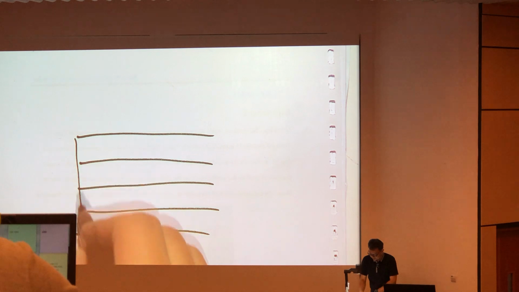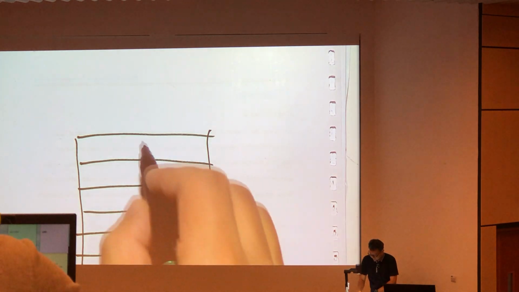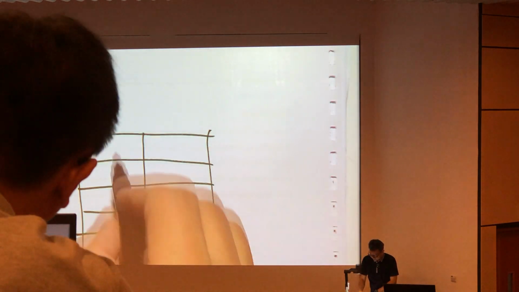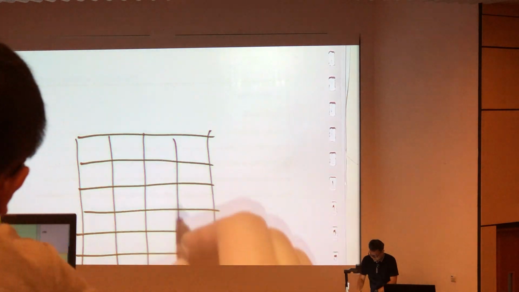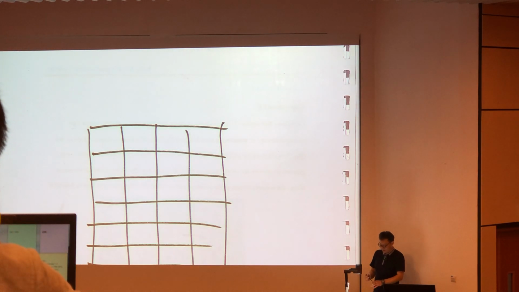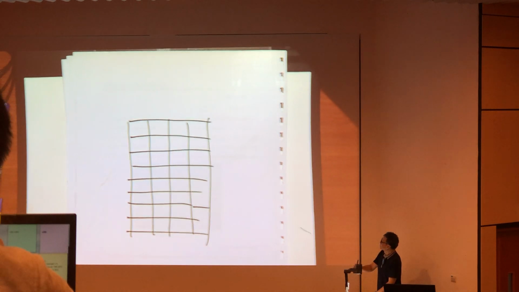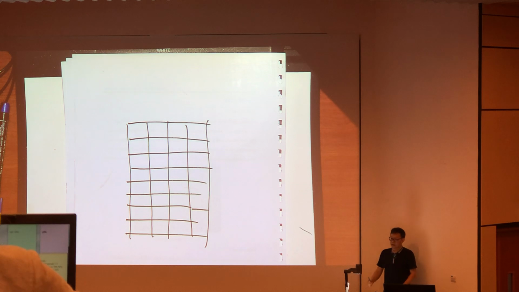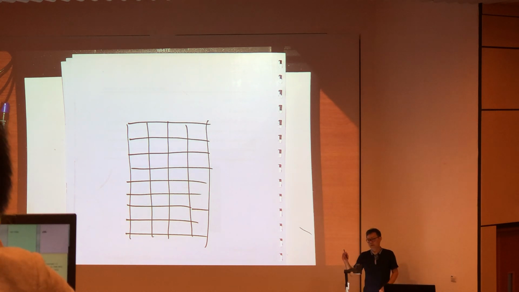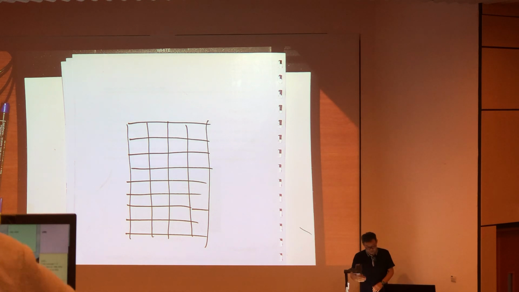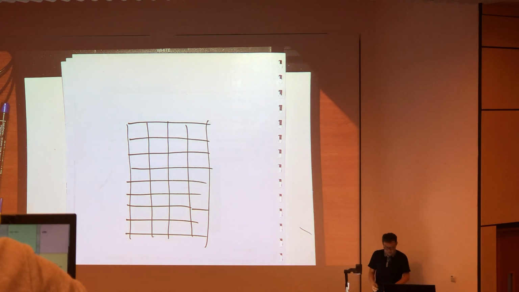So the dimension is 8 rows and 4 columns. That is the matrix structure.